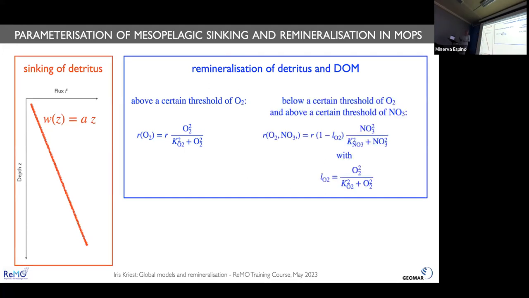But it also assumes a second oxidant, and that is nitrate. Some bacteria can switch to denitrification, the implicit bacteria. In that case, denitrification is limited by oxygen availability and is also represented by a saturation curve of nitrate. So two ways to respire particles.